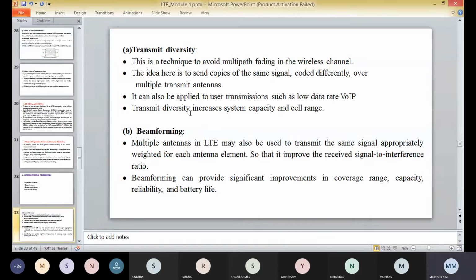Here the LTE transmit diversity is based on space frequency block coding complemented with frequency shift time diversity. This transmit diversity is used for the downlink channels.